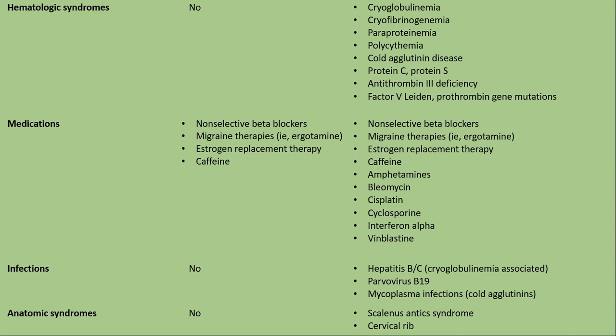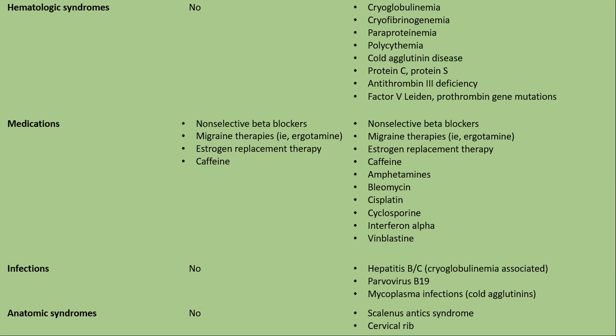Similarly, non-selective beta blockers, migraine therapies, estrogen replacement, and caffeine also play a role in secondary Raynaud's, but also amphetamine, bleomycin, cisplatin, cyclosporin, interferon alpha, and vinblastine. Infections: no infection is associated with primary, but hepatitis B and C, parvovirus, and mycoplasma are associated with secondary.